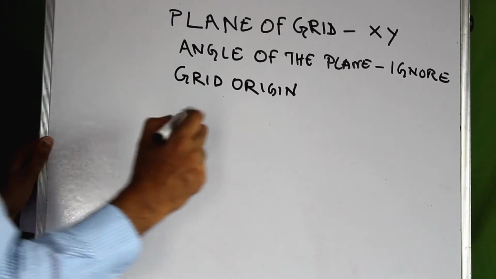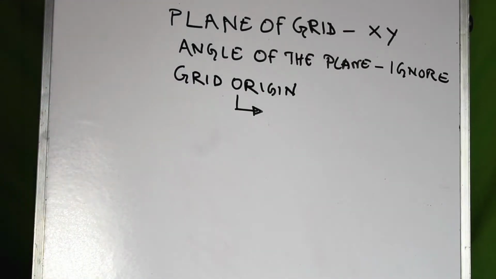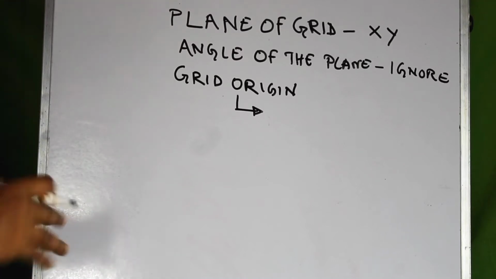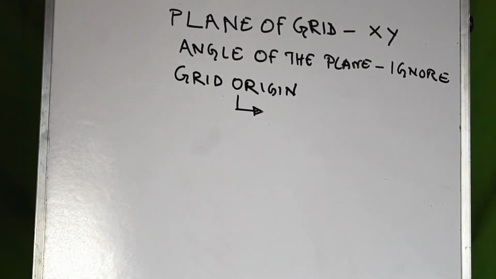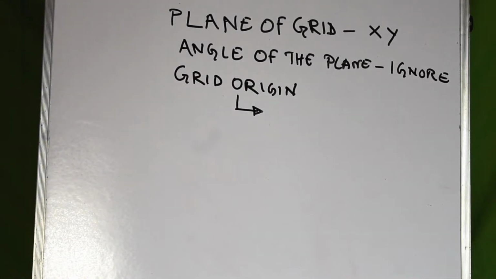The input of this parameter can be given in two ways. One is where we can define the coordinate of the grid origin, the global coordinates of the grid origin. That's number one. Or we can refer the grid origin to an existing point in the model. But in this case, since we are creating a new structure, we would not have any existing point. So we would need to define the grid origin as coordinates.